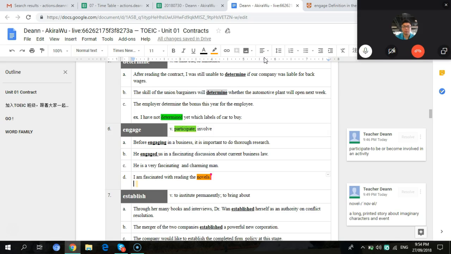So I need to read the words before and after engage to know what it means. Yes, so it is also important to really know the context, how it is being used in a sentence, so you can determine the meaning.